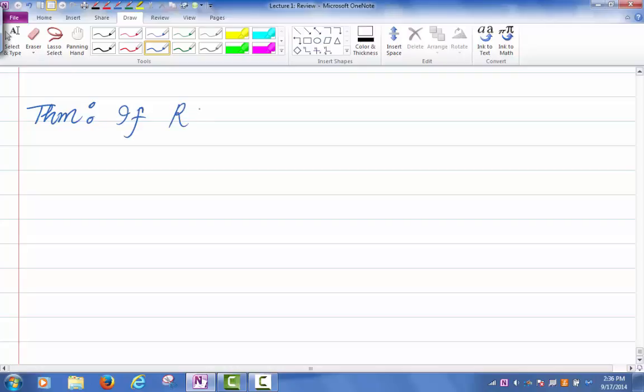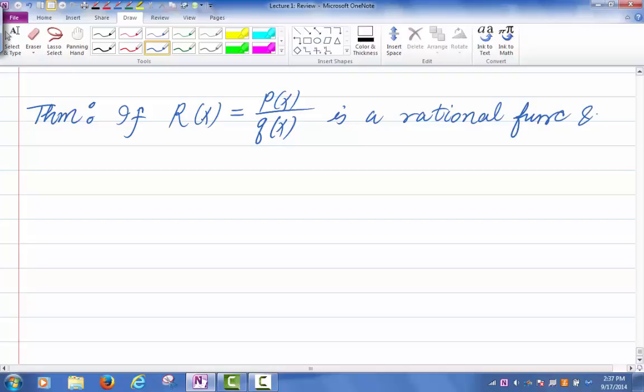R of x equals P of x divided by Q of x is a rational function and a is a real number which is in the domain of R. Then a is in the domain of R, it means what?